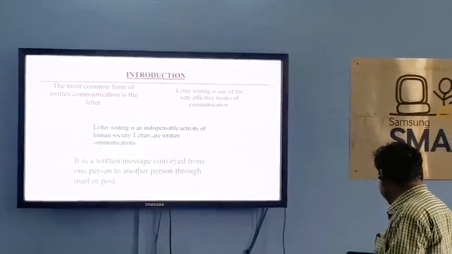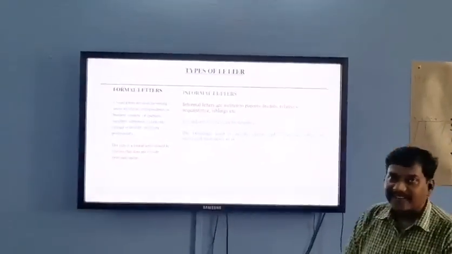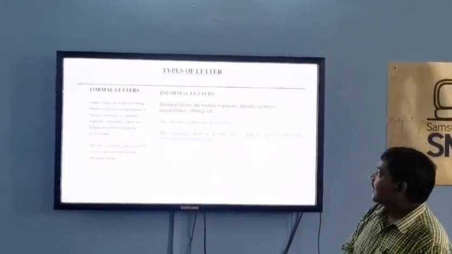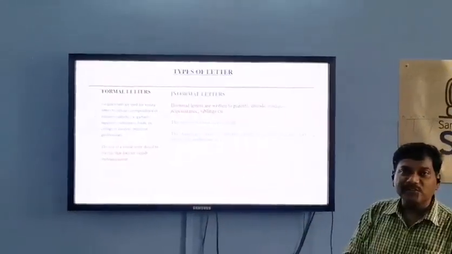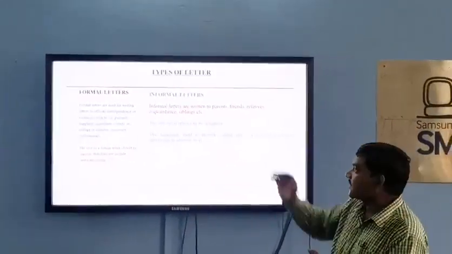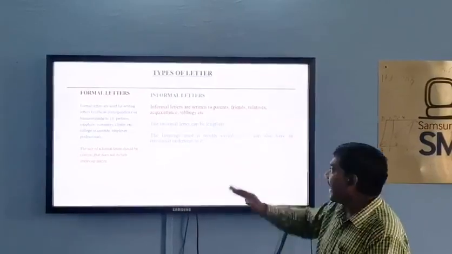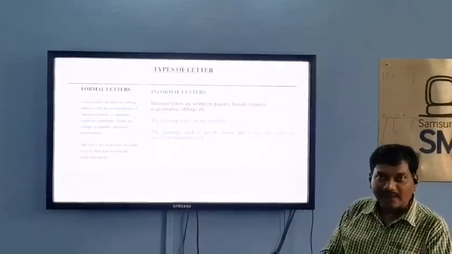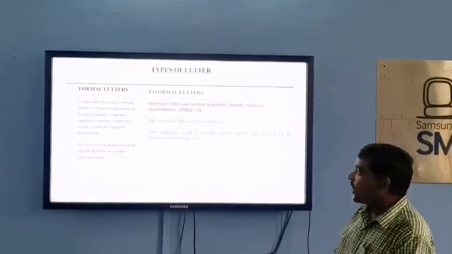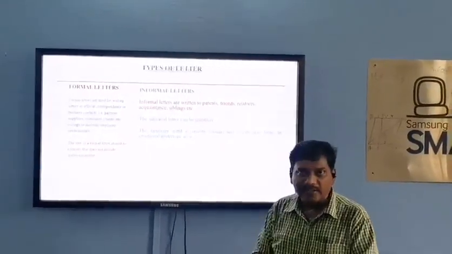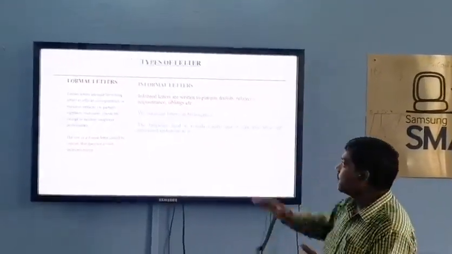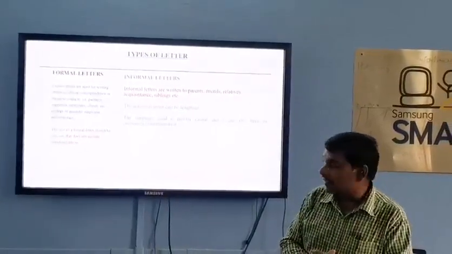So this is a letter. Now let us know the types of letters. A letter is divided into two kinds. One is formal letter and another one is informal letter. Now let us know what you mean by formal letters and what you mean by informal letters.